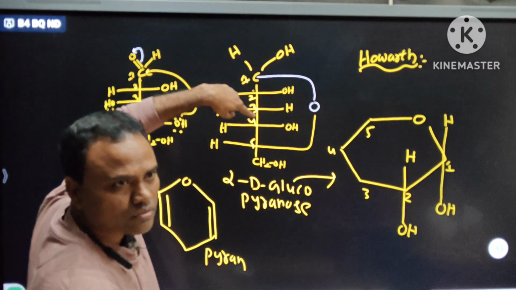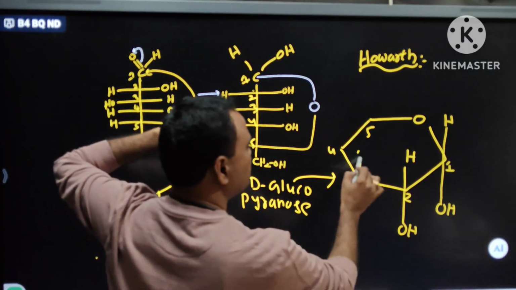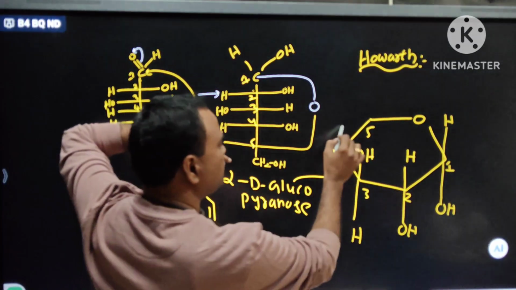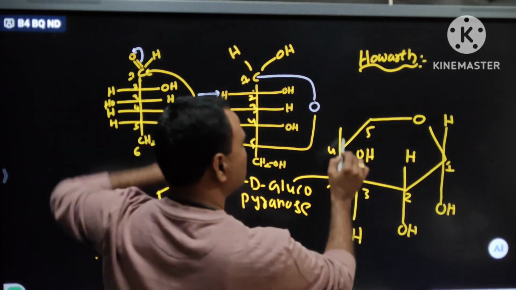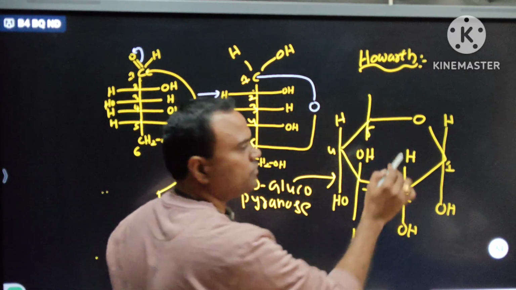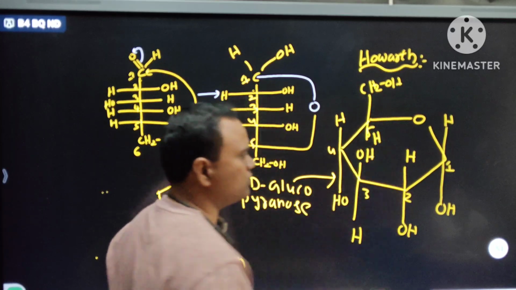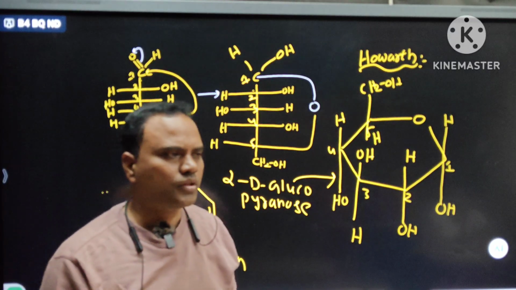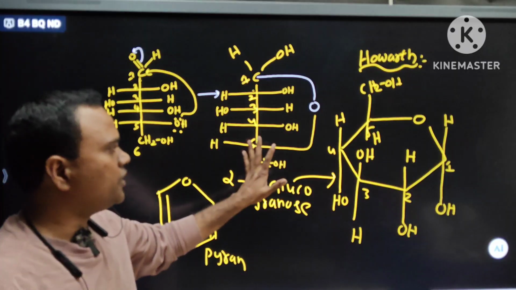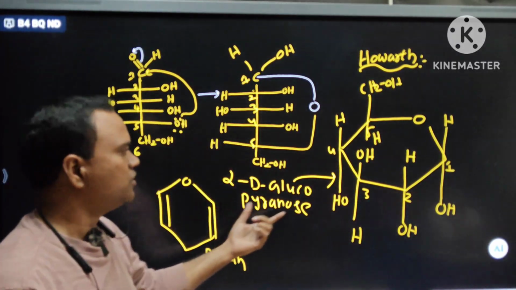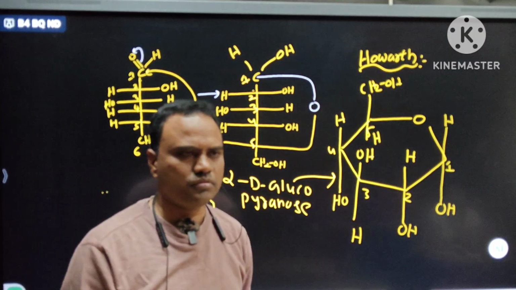At the third carbon, OH is left. At the fourth carbon, right again. At the fifth carbon, always CH2OH is up only. Okay. This is the alpha D glucopyranose structure.